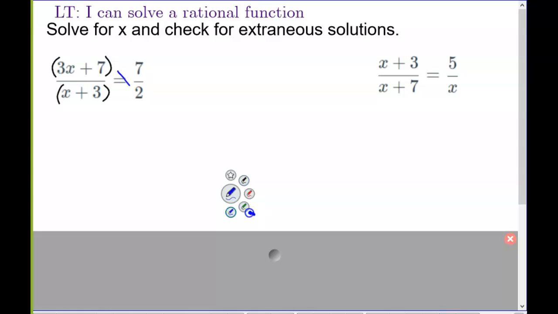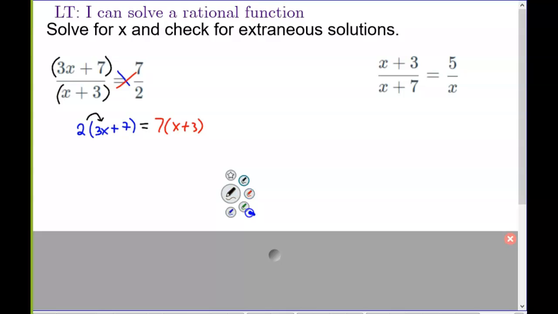So my recommendation is sometimes students try to do too much in their head, and they make small errors when they do that. I found that the students that try to multiply this by 2 in their head, and then try to multiply this by 7, every once in a while make mistakes. So if you write this step that I just wrote, and then you do it, usually all those errors are gone.